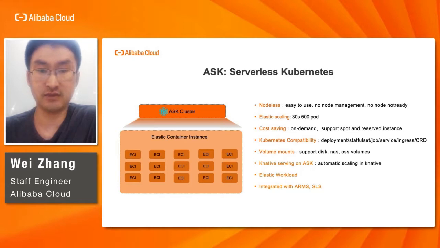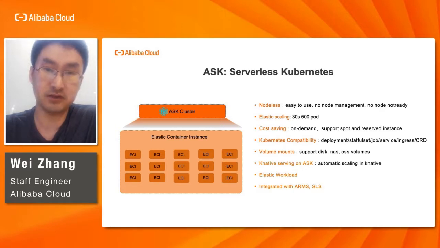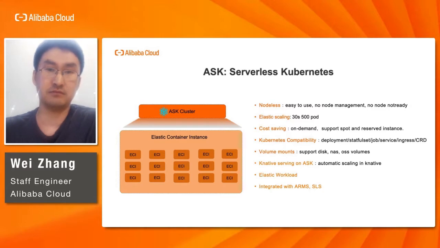In SK, we provide Knative serving and elastic workload functionalities. We will expand on this more later. SK also integrates well with ARMS and SLS products. It's easy to monitor the pod and dump the pod logs into SLS.